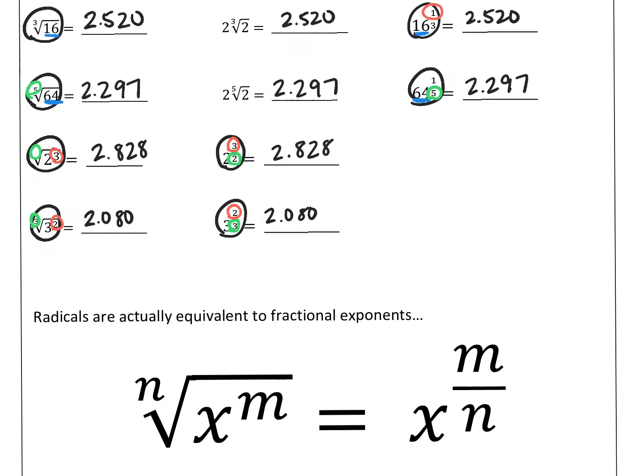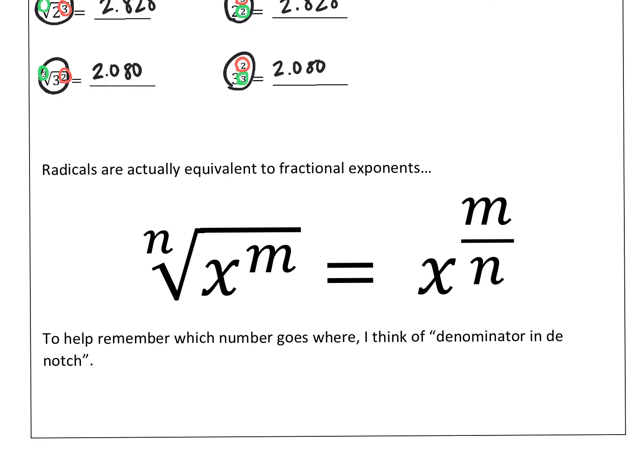So in general, we can say that if I have the nth root of x to the m, it equals x to the m over n. And the way that I remember it, and it sounds silly, is I think denominator in the notch. So the denominator goes in the notch of the square root sign.